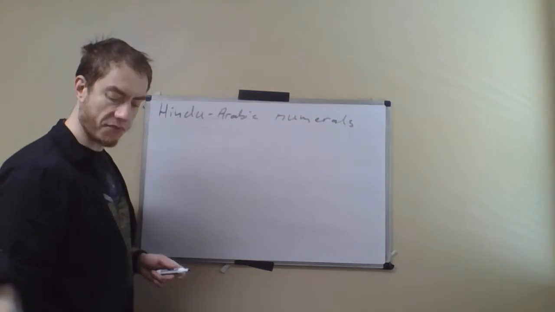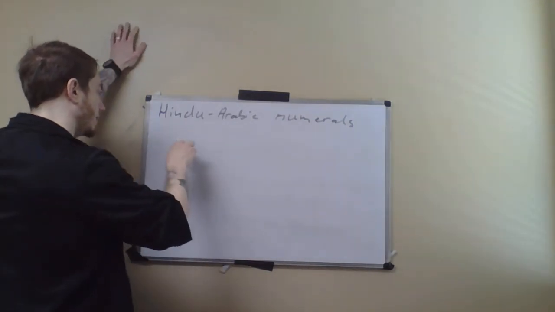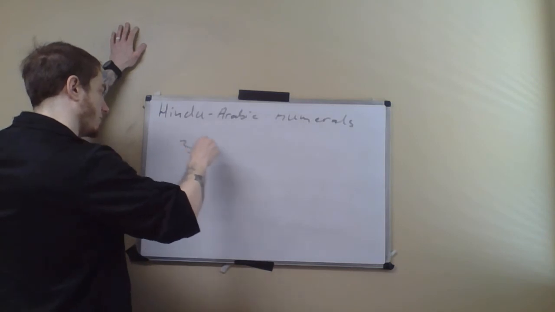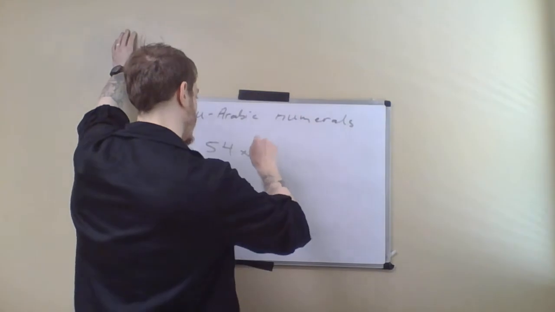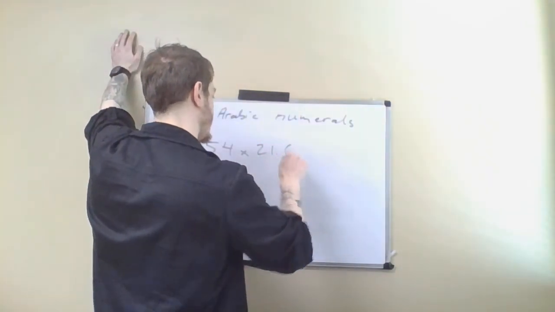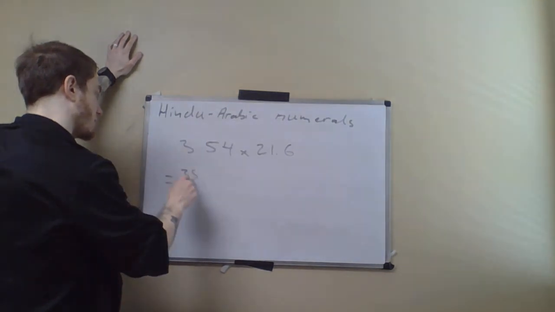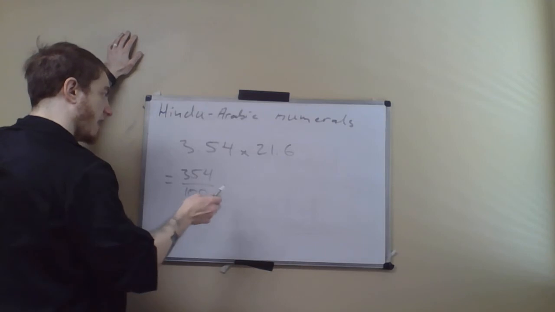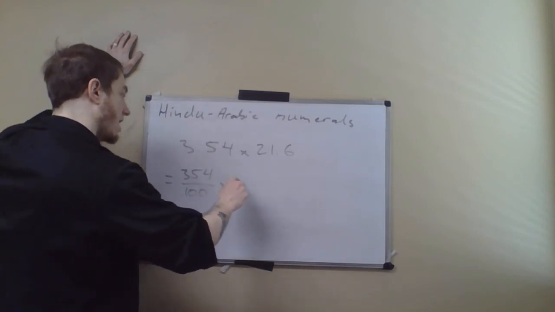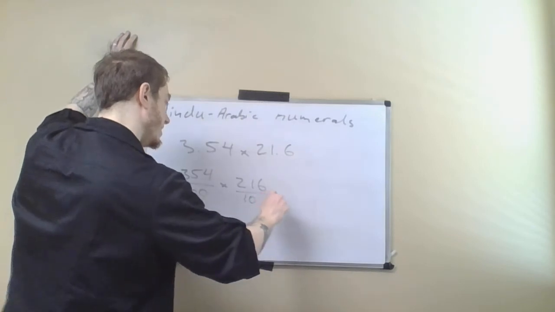So, for instance, if I want to multiply, let's say, 3.54 times 21.6, well, I can think of this as it's really 354 divided by 100 times 216 divided by 10.